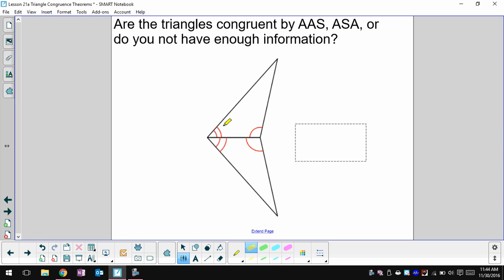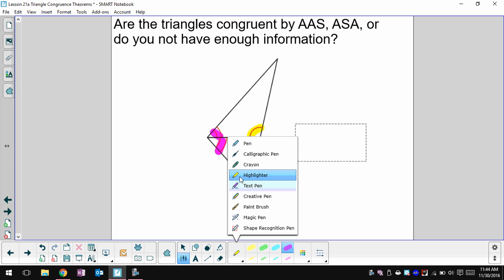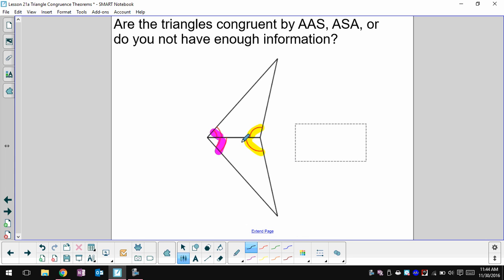So in this pair of triangles, we have one pair of angles congruent. This pair of angles are congruent. They got two little arcs because they're congruent to each other, but not these two in yellow. And then we have something unique that happens here, and it's that these two triangles share this side here, where they're sort of sandwiched together.